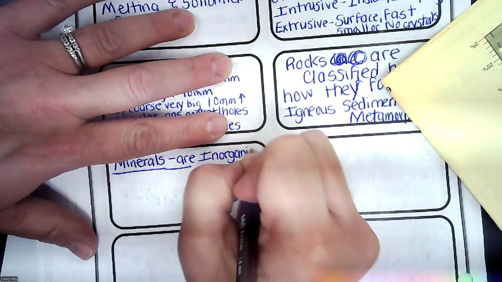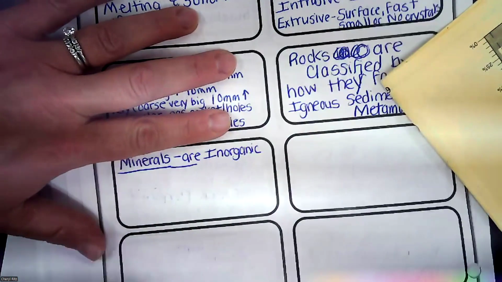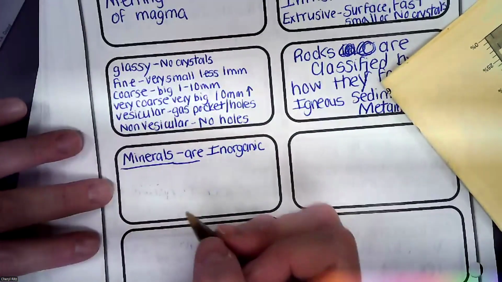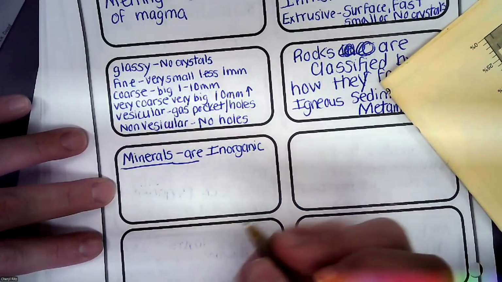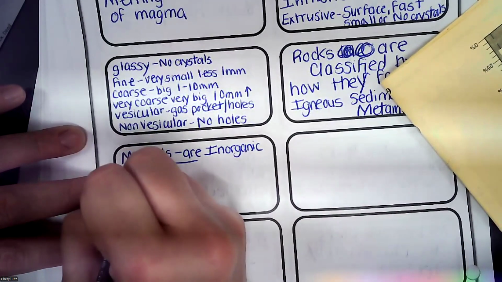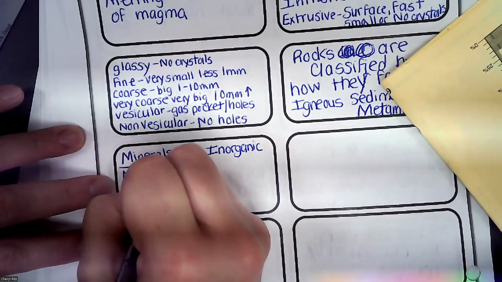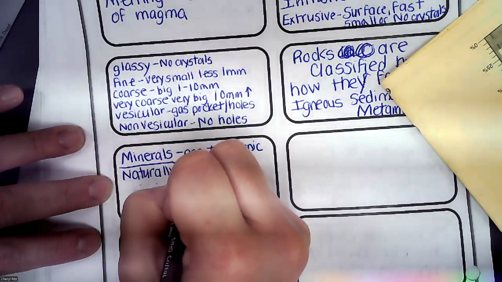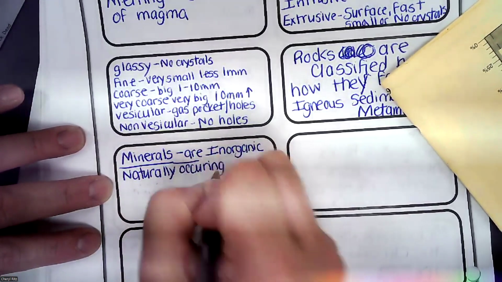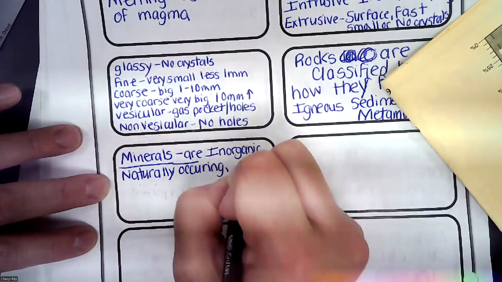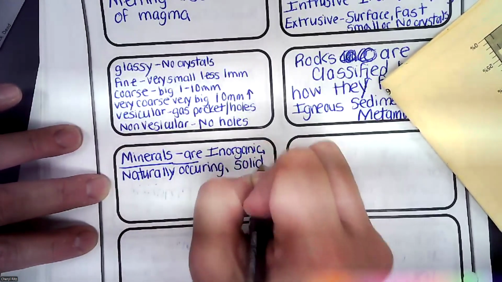Not alive, never was alive, never will be alive. Anybody else remember any of the other ones? Naturally occurring. They have to be inorganic, naturally occurring, and they have to be a solid.